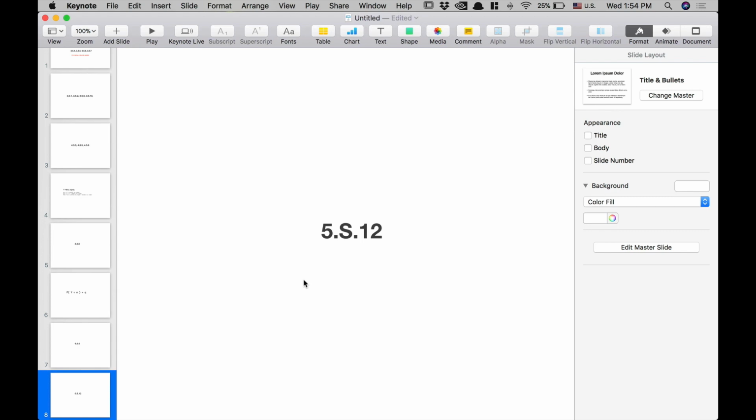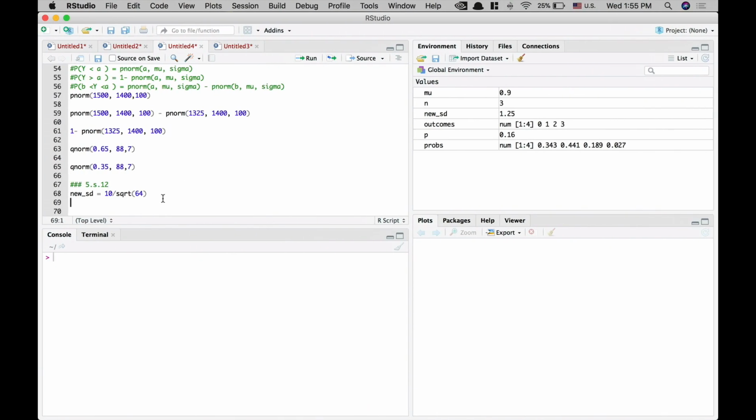So if the population distribution has mean mu and standard deviation sigma, then the sampling distribution has mean mu and standard deviation sigma over square root n. That is the sampling distribution of y bar, and we want to use that piece of knowledge to solve this question. As you can see here, I defined the new standard deviation, which is the standard deviation of y bar.